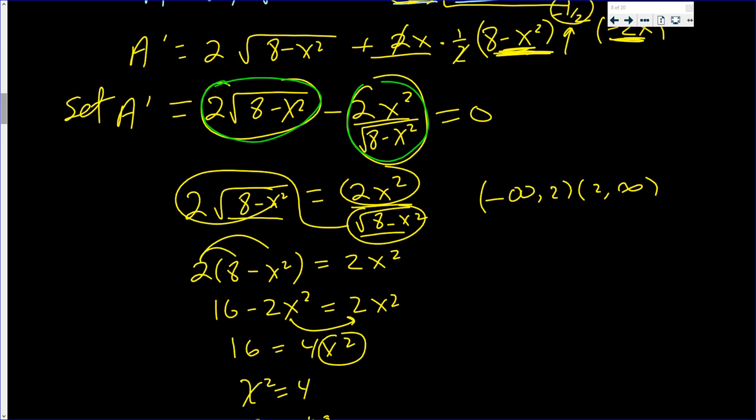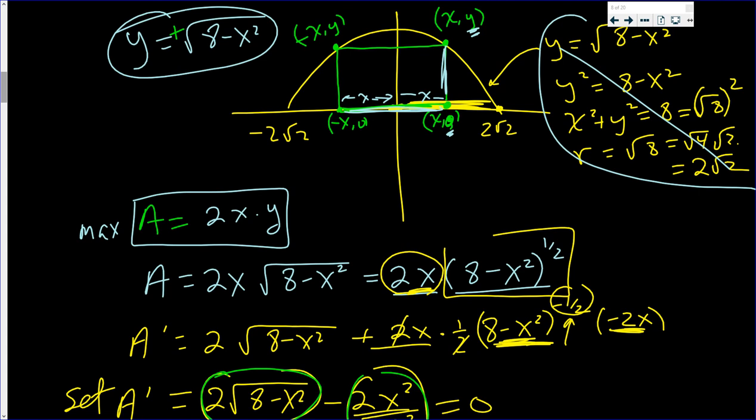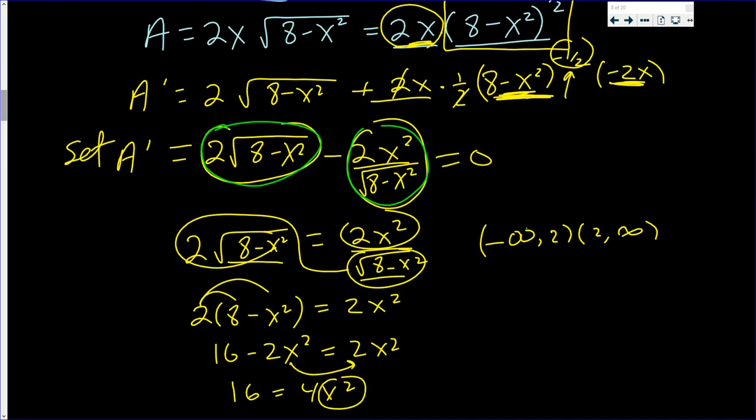I want to see one thing. For example, we have a restriction on x. So we really can't go to negative infinity and positive infinity.